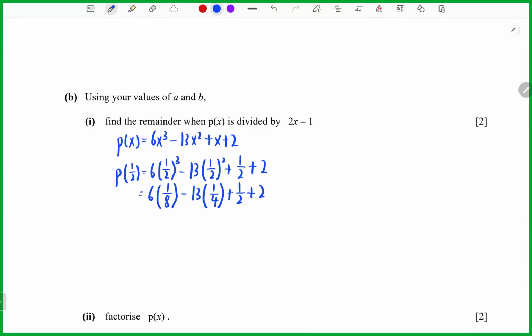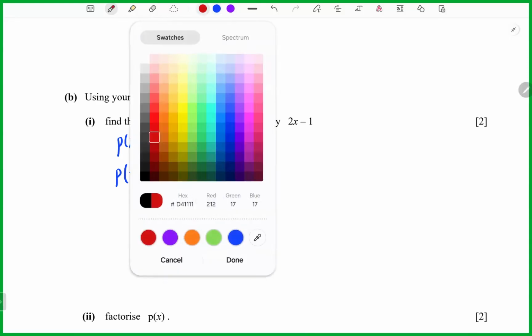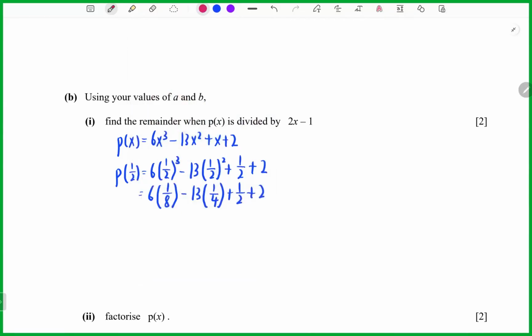Here I simplify. So I will get 3 over 4 minus 13 over 4, and I need to change the denominator, so I get 2 over 4 plus 8 over 4.